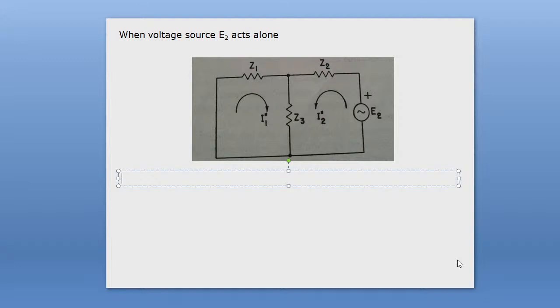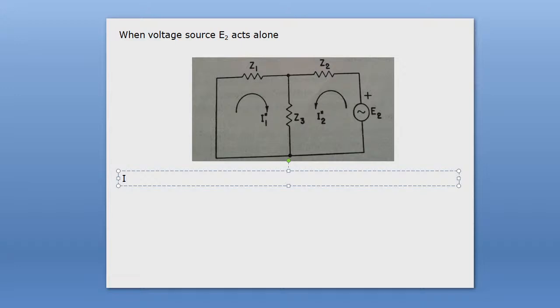You compare the result. So first we can write I2 double dash. I2 prime equals I2 double prime here.